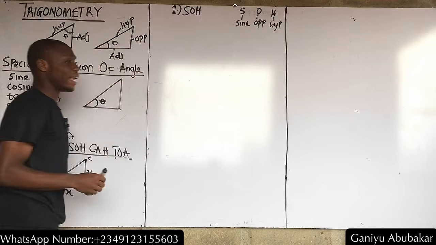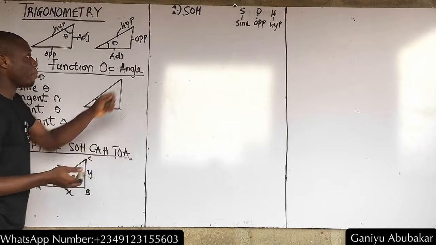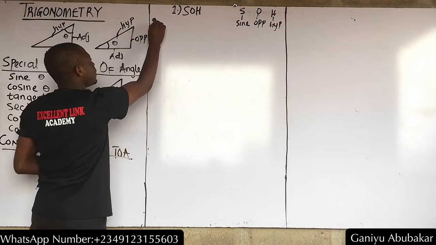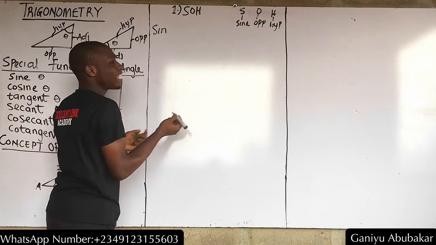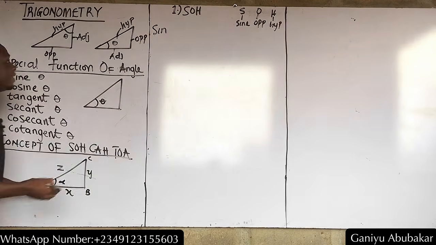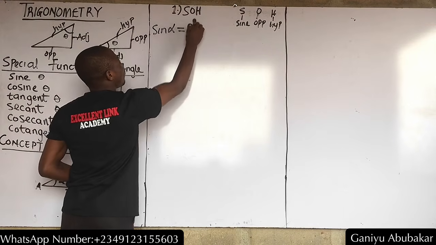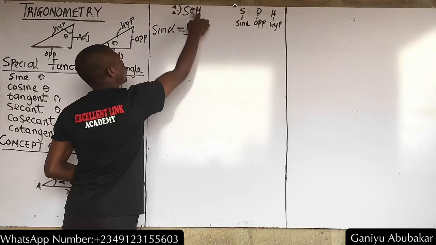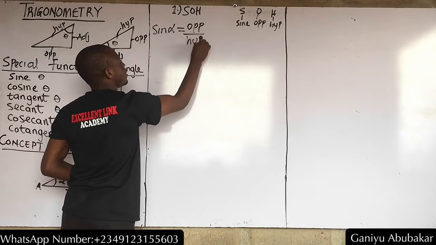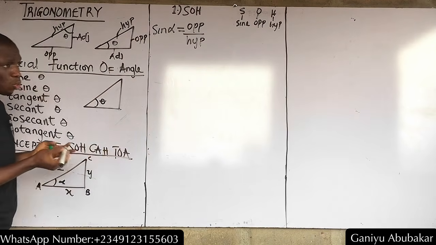So I'm saying that the sine of alpha is equal to the opposite all over hypotenuse. That becomes the concept of SOH.